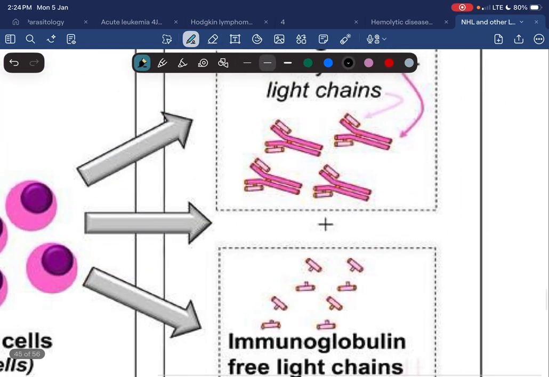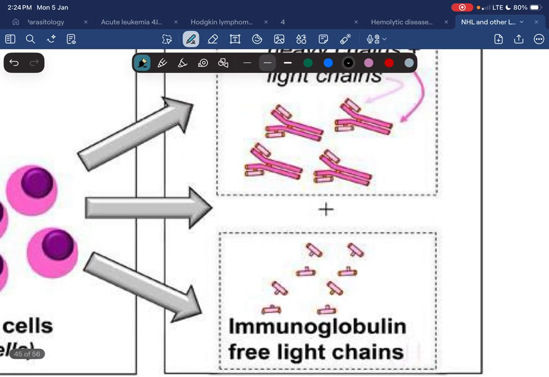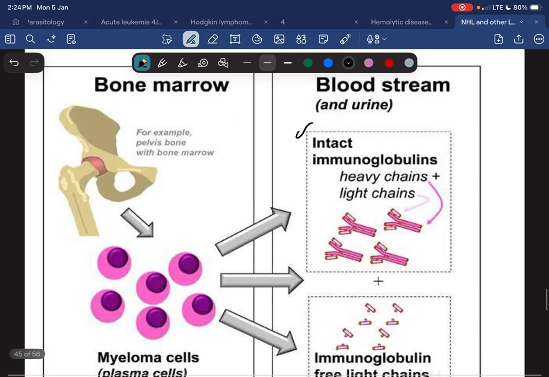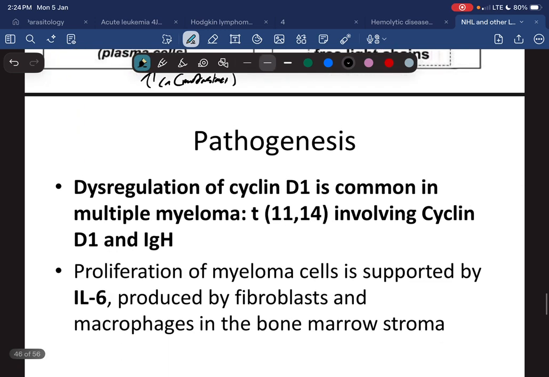and also we have renal manifestations. It is common in patients with multiple myeloma. Now the pathogenesis of multiple myeloma: dysregulation of cyclin D1 with translocation 11;14 involving cyclin D1.